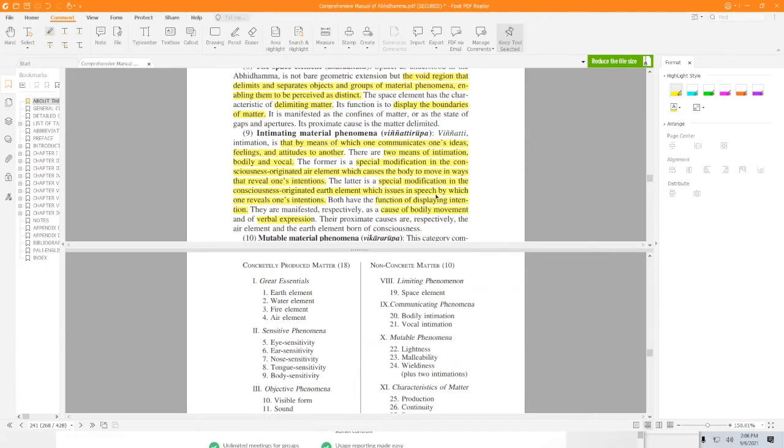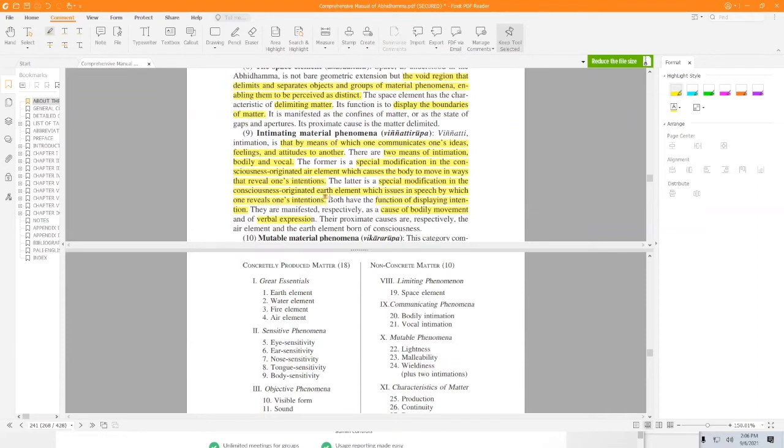And then we have verbal or vocal intimation. That is that which mobilizes or activates the apparatus of speech to express one's ideas or feelings by way of speech.